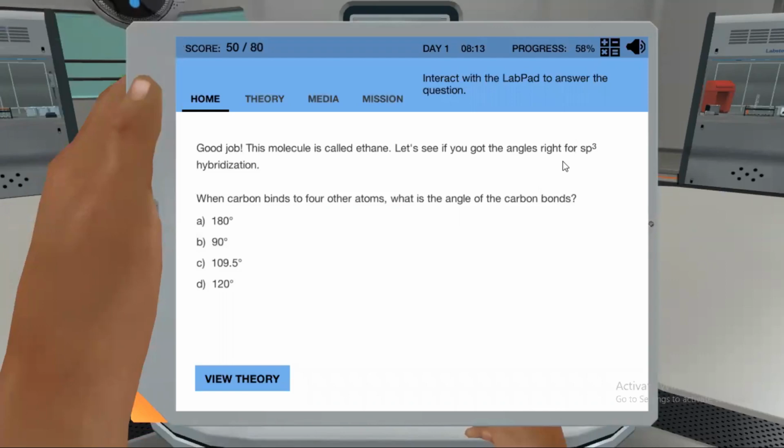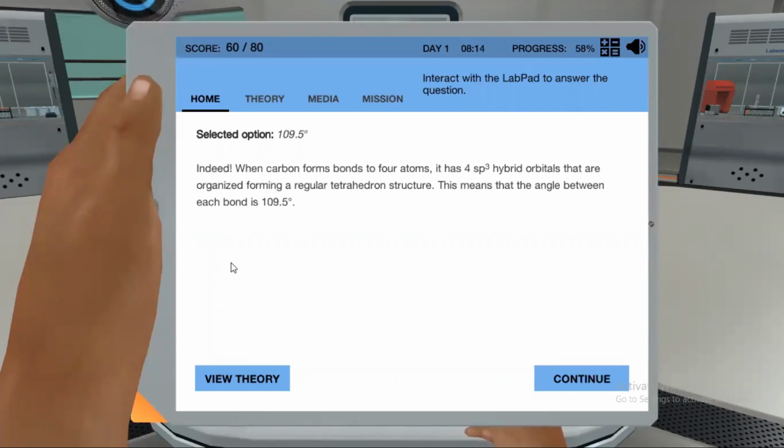Let's see if you got the angles right for sp3 hybridization. When carbon binds to 4 other atoms, what is the angle of the carbon bonds? Indeed, when carbon forms bonds to 4 atoms, it has 4 sp3 hybrid orbitals that are organized forming a regular tetrahedron structure. This means that the angle between each bond is 109.5 degrees.